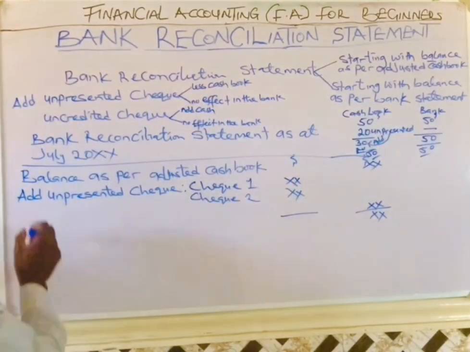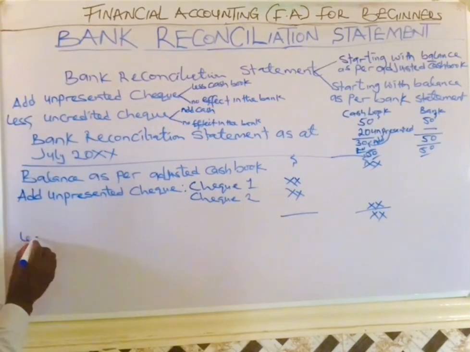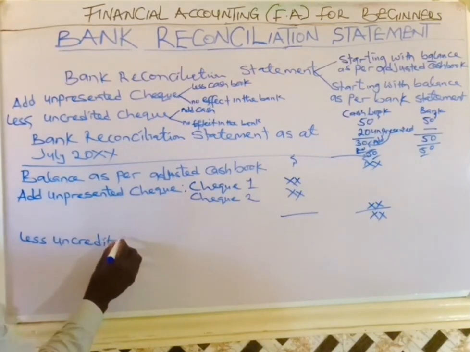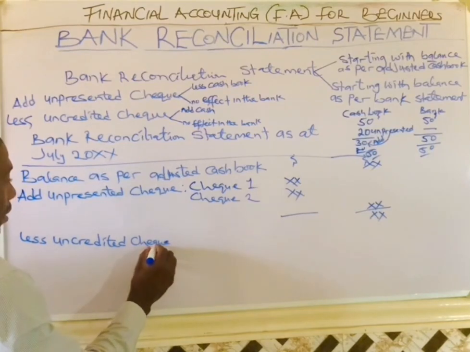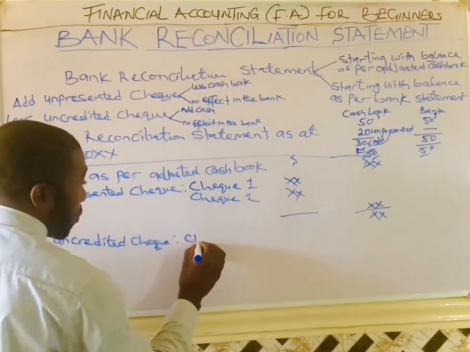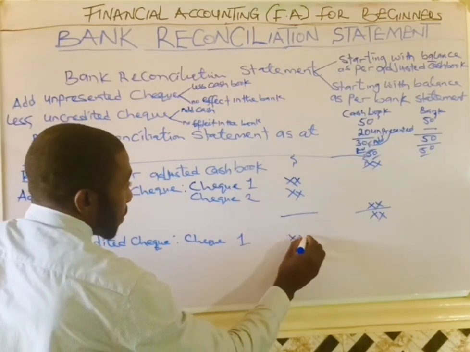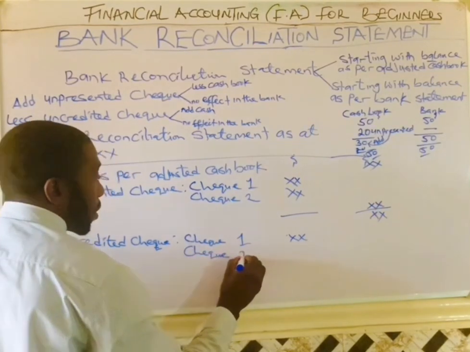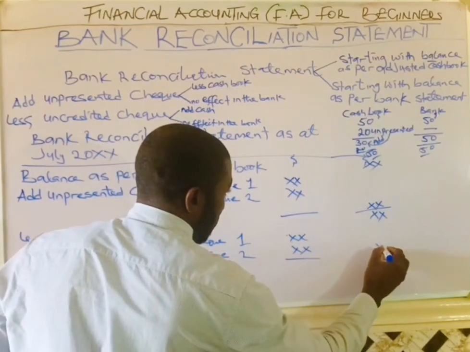So we'll come here and say, you will less uncredited check. And if these checks are 1 or 2, just as this, you say check 1, check 2.